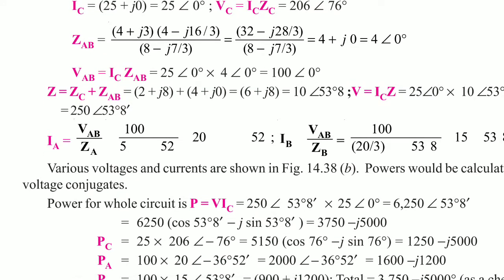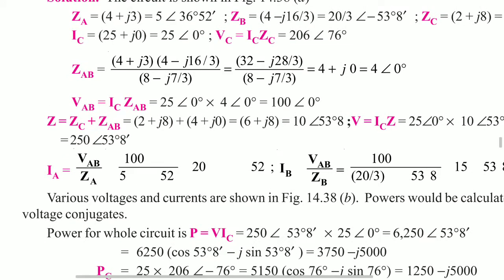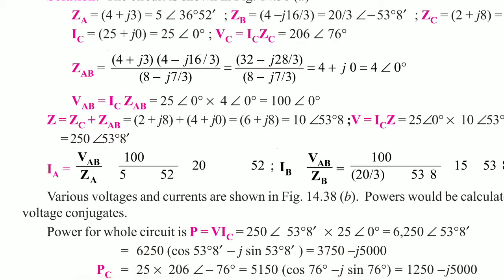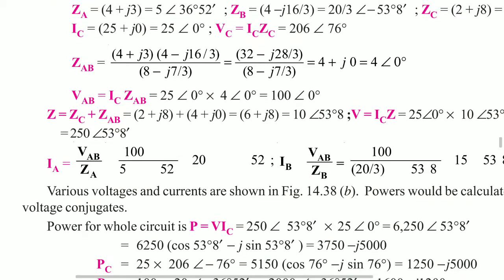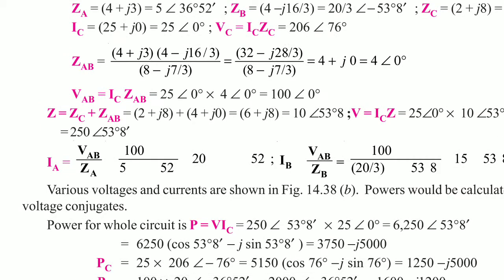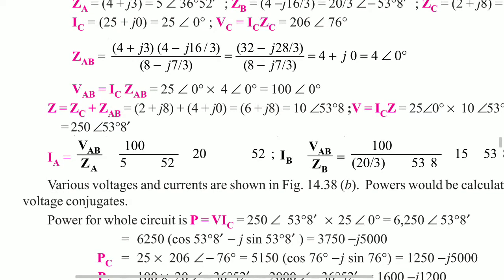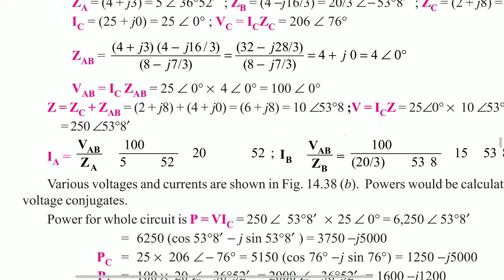So 20 angle of minus 36 degrees 52 minutes. Write the current: IA is equal to 20 angle of minus 36 degrees 52 minutes.